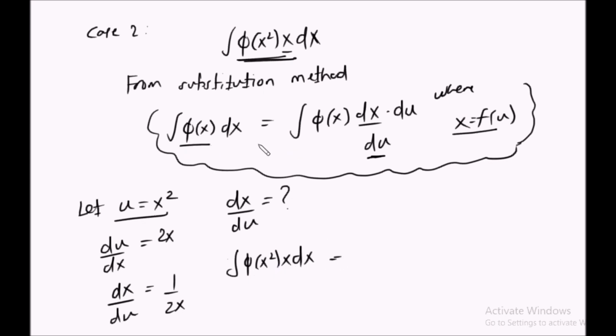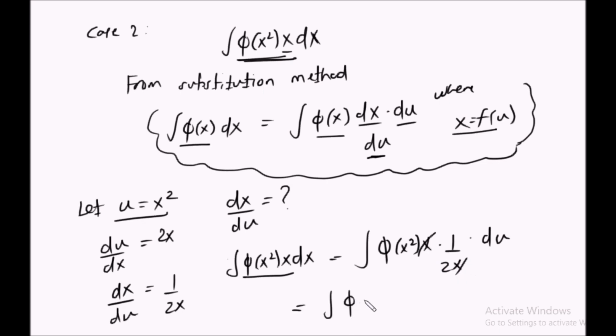So hapa tulikuwa tuna psi x, hapa tuna psi x, hapa tuna psi hivi, tunaiweka kama ilivyo na yenyewe. So dx du ndio tumepata 1 over 2x times nini? Du. Dx du half times du. So x na x nakufa. Unapata nini sasa? Unapata psi of x squared times 1 over 2 times nini? Du.